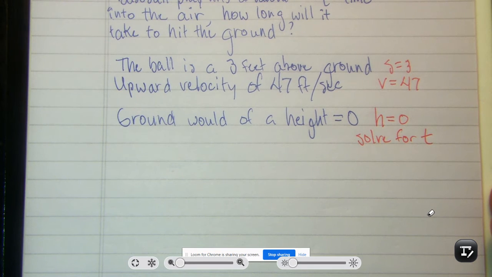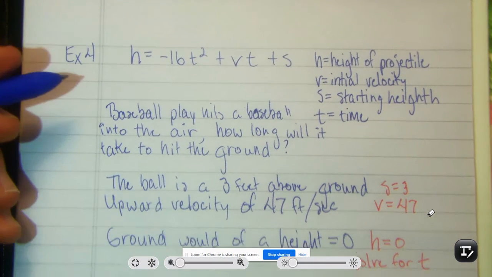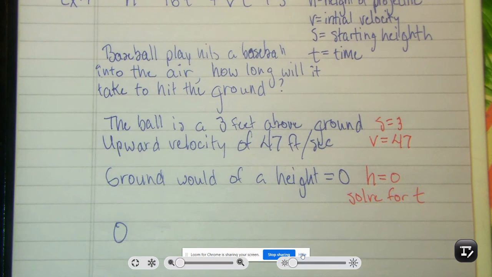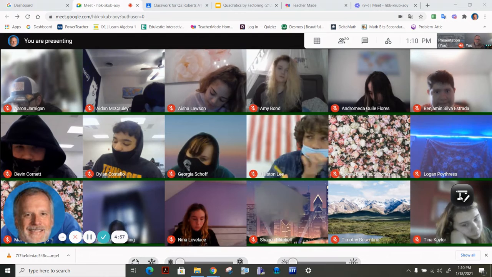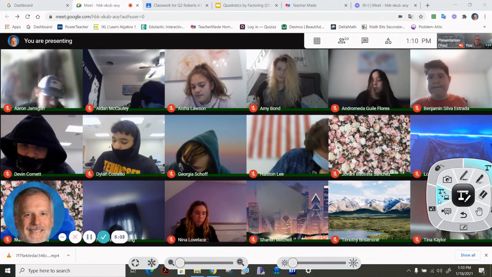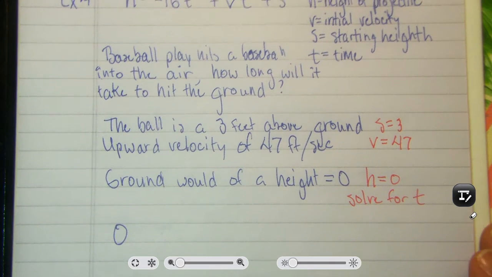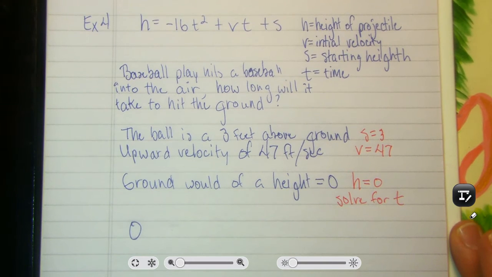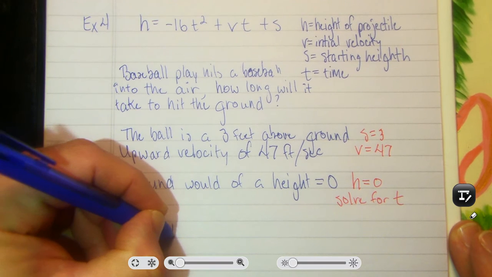We want to know when H is 0, so we'll plug a 0 in for H. And I know it's going to be equal to negative 16.